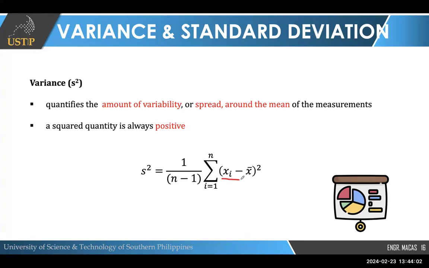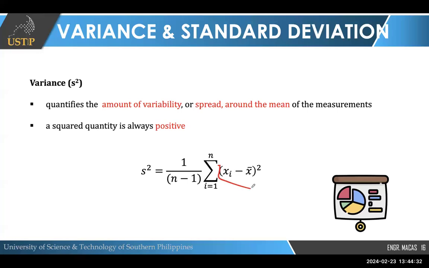So, when you have x sub i minus x bar, or the mean, we want to get the difference or the deviation, how far your observation is from your mean. How much it deviates from your mean.